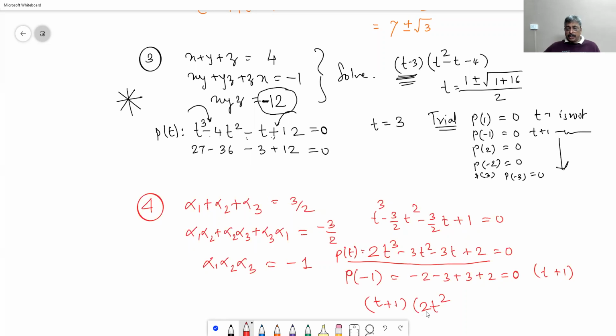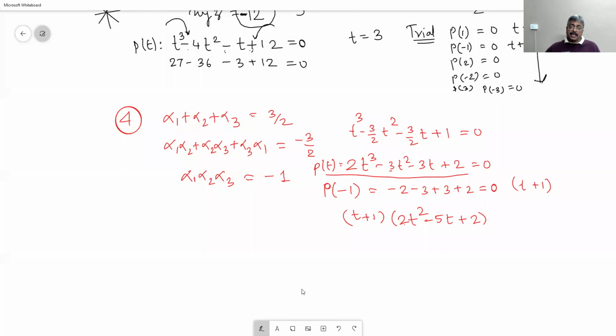You have created 2t and you want minus 3, so minus 5, right? So you have created minus 5, you want minus 3, so plus 2. That is your second factor, which is also not a bad factor, it has two roots.